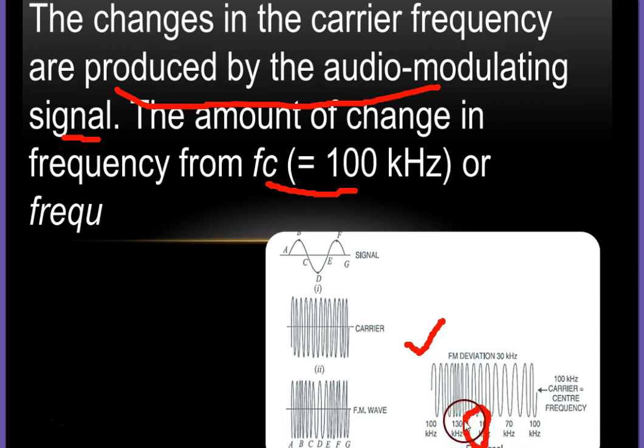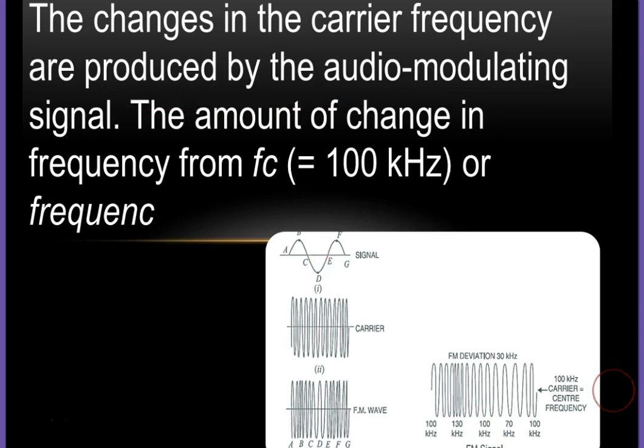It's just an example that the carrier frequency can be deviated plus minus 30 kilohertz from the original 100 kilohertz value.